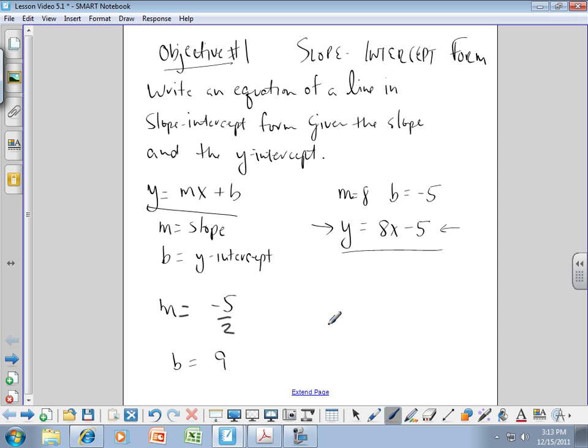What's your equation? Well, y equals -5/2 x plus 9. These numbers can be fractions. They can be positive or negative. It really doesn't matter. All right? So that's how you write the equation of a line when you're given the slope and the y-intercept.